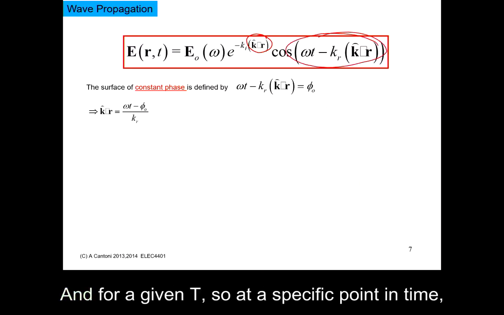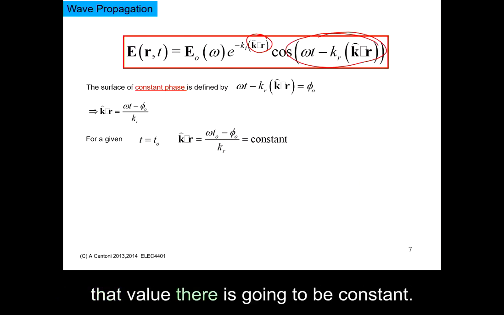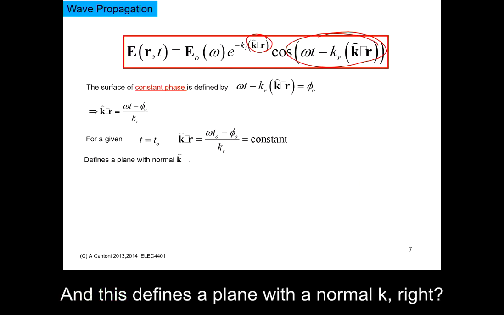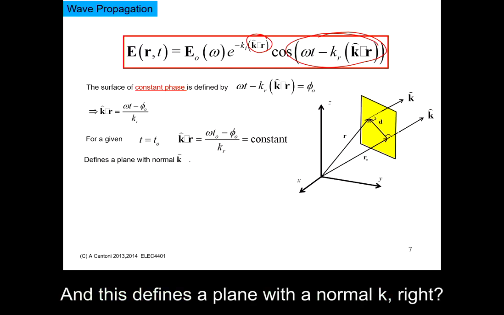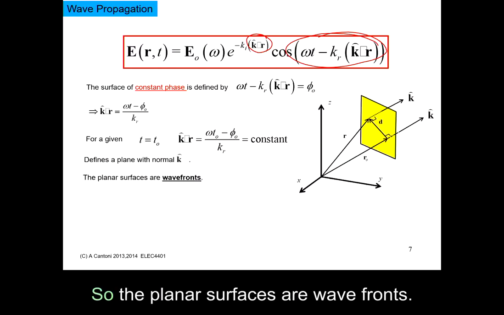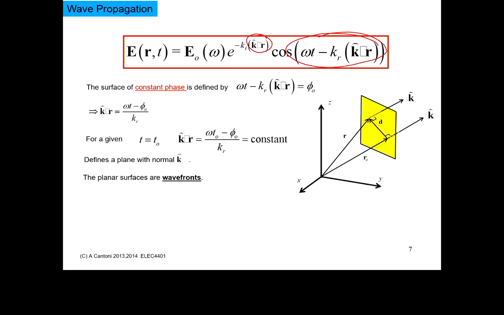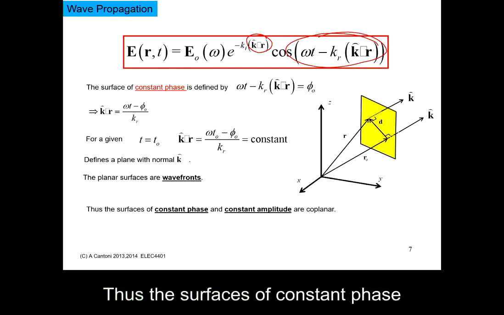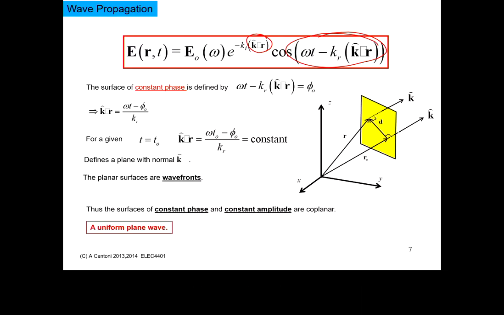And for a given t, so at a specific point in time, that value there is going to be constant. And this defines a plane with a normal k, right? So same thing as before. So the planar surfaces are wavefronts. Thus, the surfaces of constant phase and constant amplitude are coplanar, a uniform plane wave.